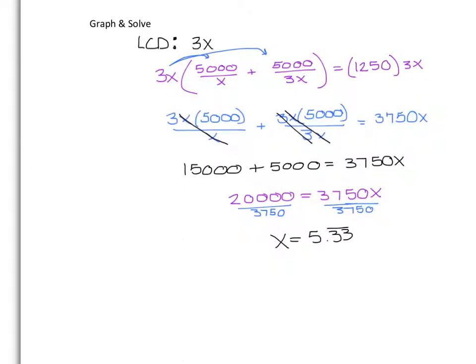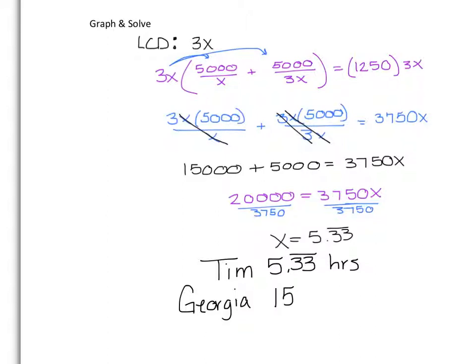So Tim is 5.33 hours. And so how long is Georgia? Like 15 something, 16 something. Yeah, you can multiply by 3. 15.99 hours. So basically 16 hours.